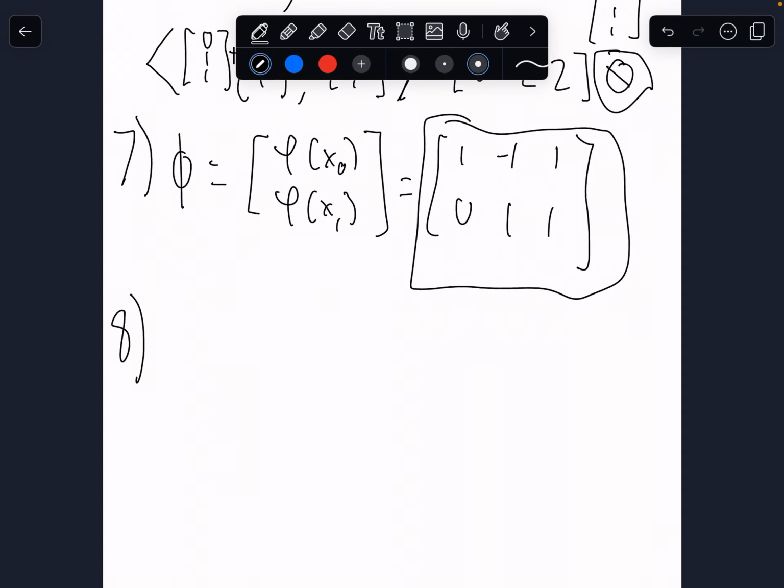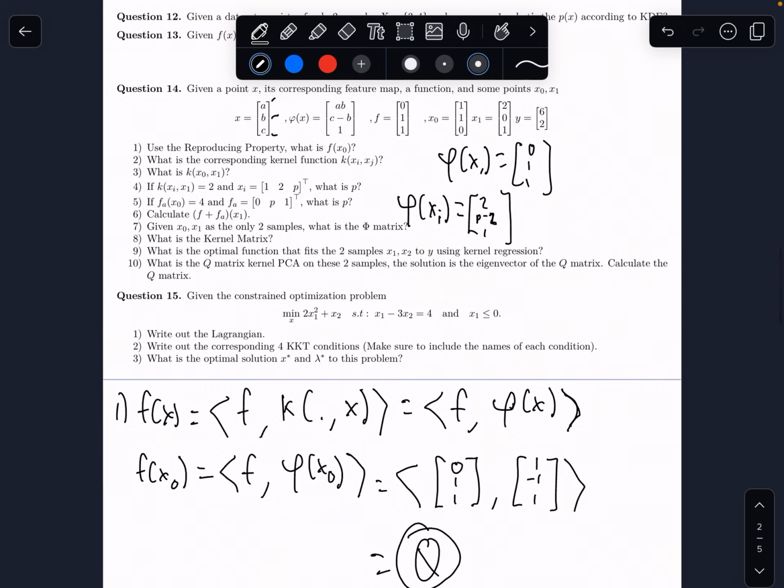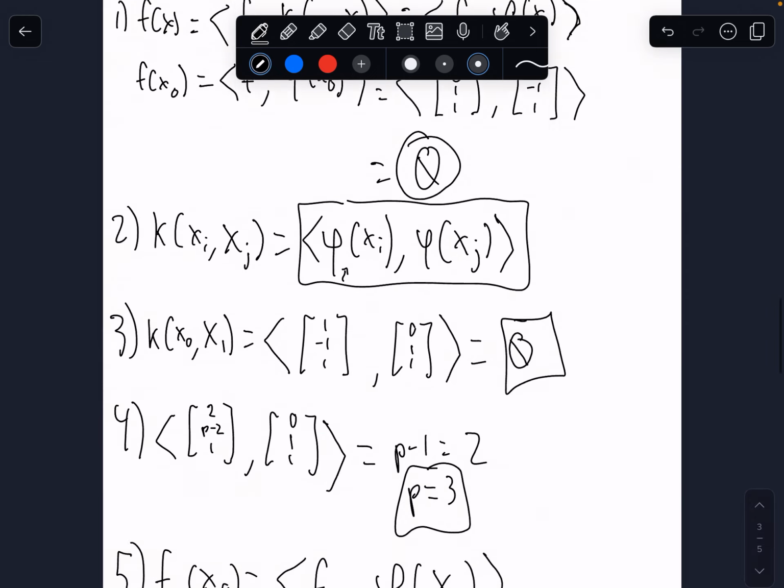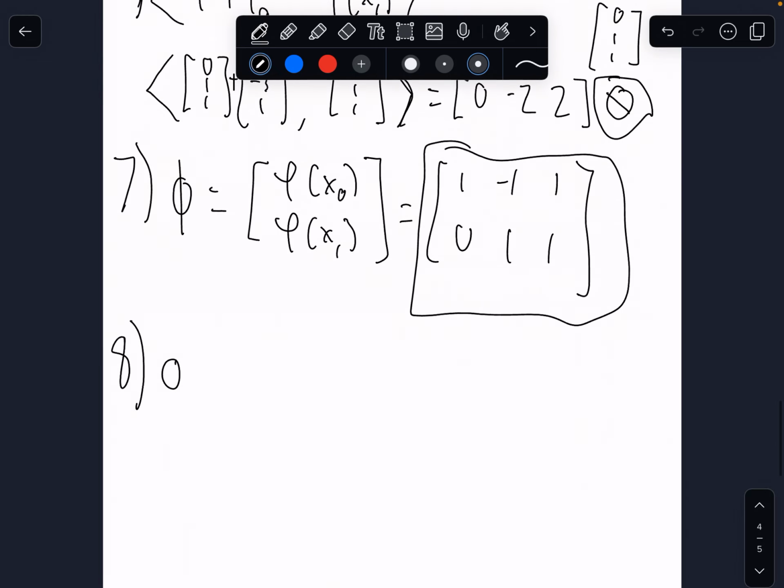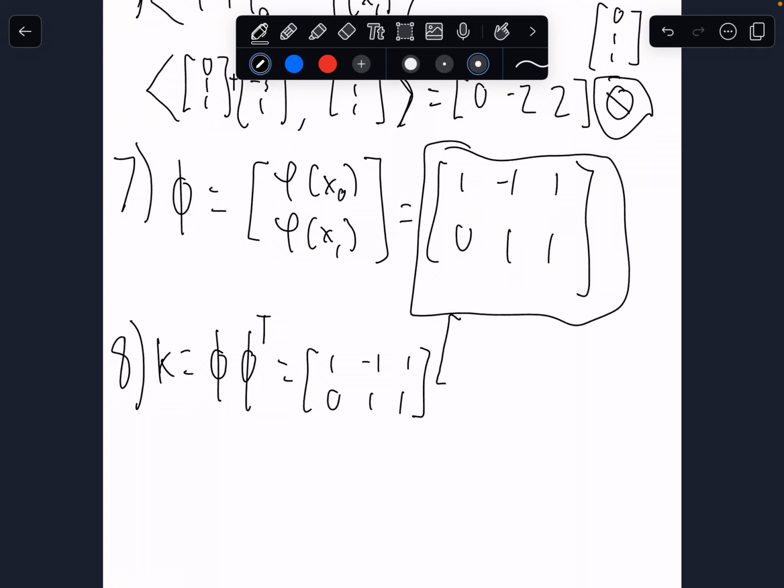Okay? Moving on, number 8. What is the kernel matrix? So you can remember how to calculate the kernel matrix. K equals phi transpose times phi. So that can just be 1, -1, 1, 0, 1, 1 times 1, -1, 1, 0, 1, 1.